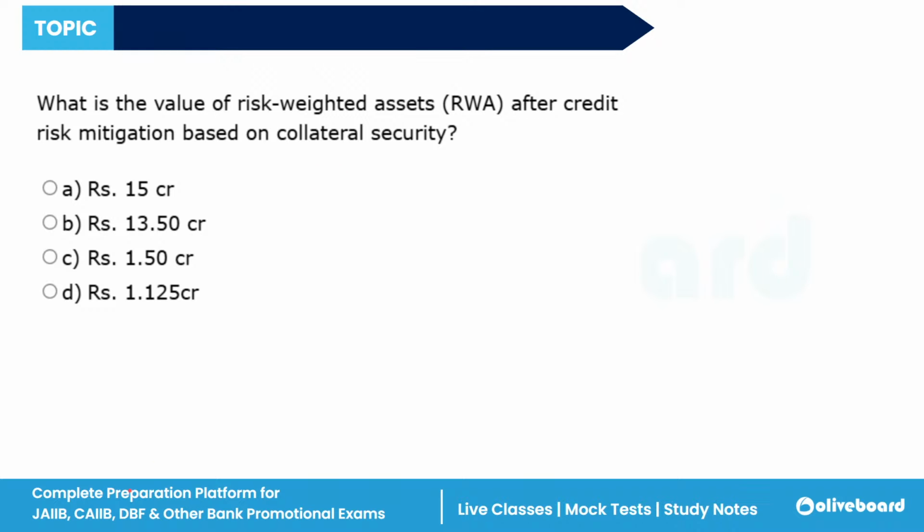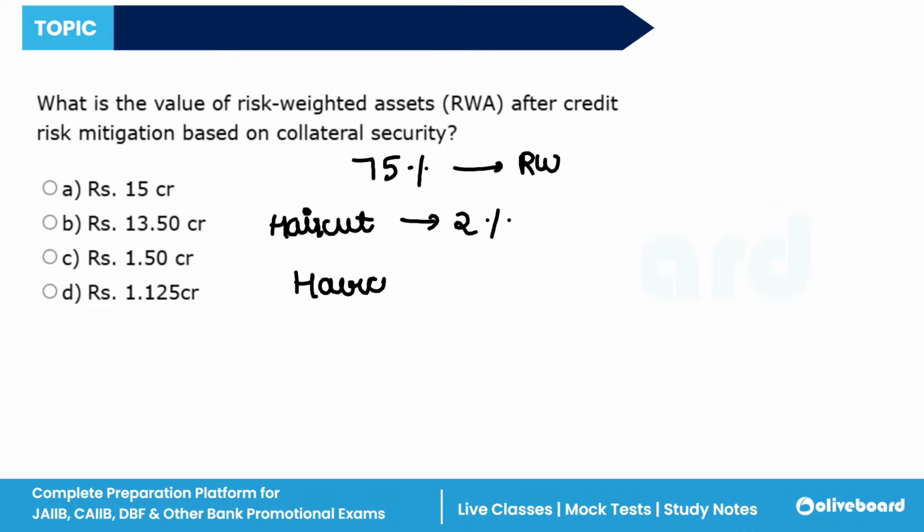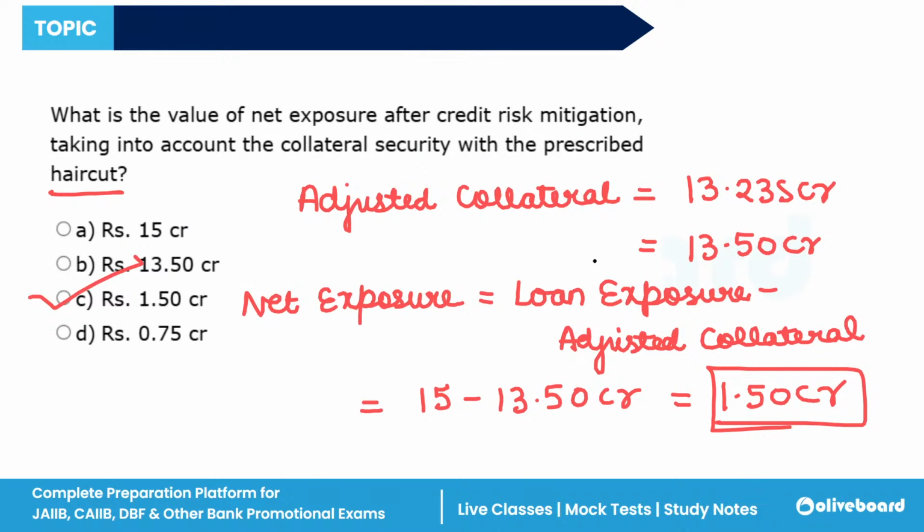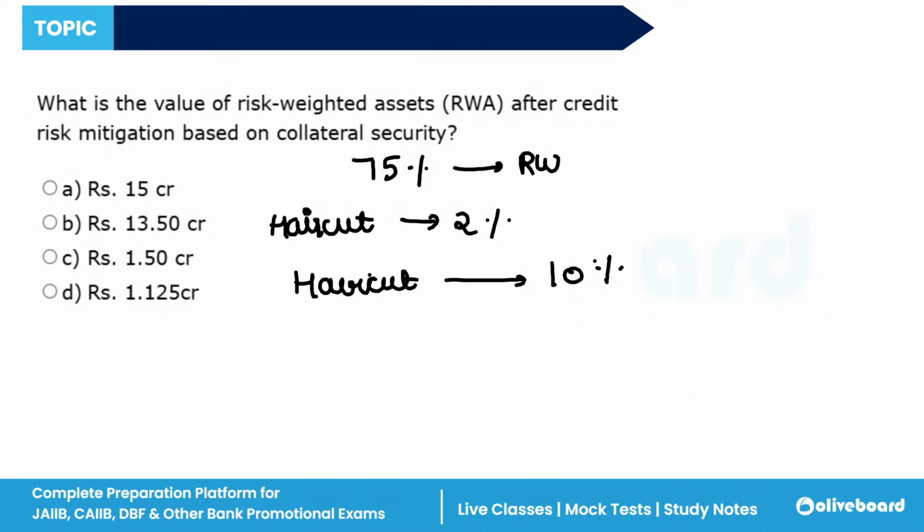As per the RBI guidelines, the risk weight for such type of loan is 75%, right? And the haircut for such type of exposure is 2%. Now the haircut of collateral being 10%, so the value of collateral is 13.50 crore. Net exposure is 1.50 crore.